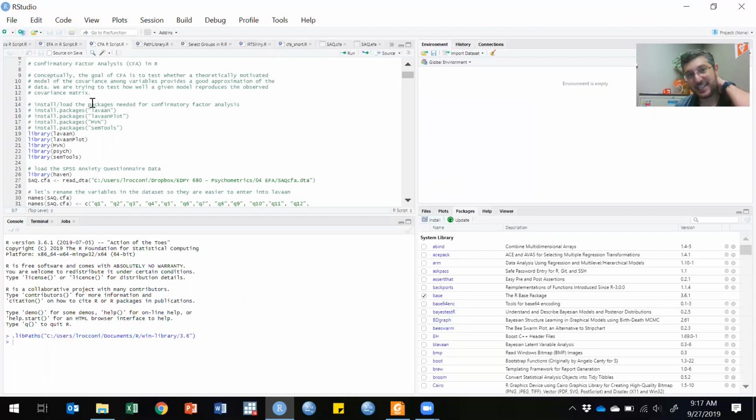So the basic idea of a CFA is we want to test whether our data are a good approximation of some theoretical model that we've developed. In exploratory factor analysis, we didn't have any theory guiding what factors were going to emerge.